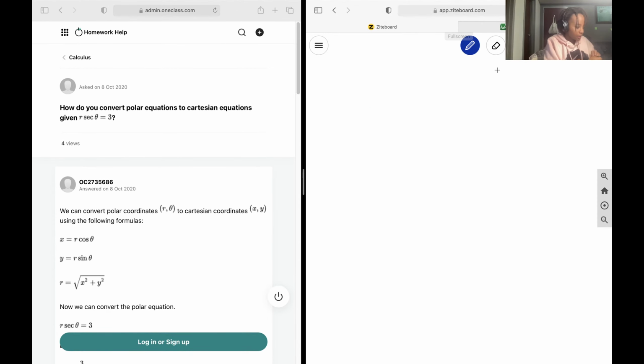Okay, for our next question, we would like to convert an equation from polar coordinates to Cartesian coordinates. So we have r secant theta is equal to 3. And you need to remember how to do these conversions.